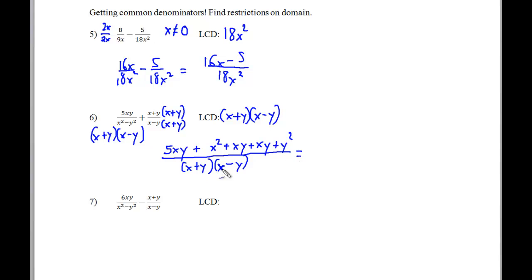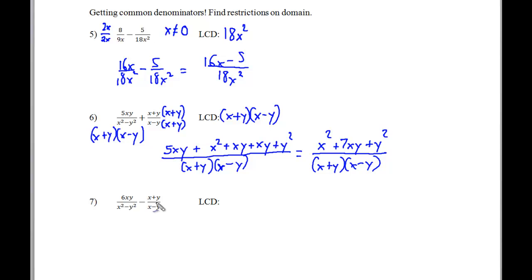But I think I need to simplify my numerator now. My first term is going to be x squared. And now I have 5xy plus xy plus xy, so that makes a total of 7xy. And then I just have my y squared left. And that is as far as I can go there, because no two numbers multiply to make 1 and add to make 7. And my denominator is going to be x plus y, x minus y.